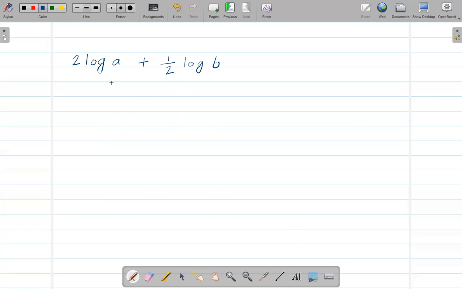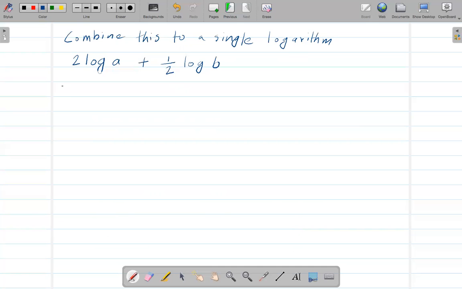There is nothing on the base, so that means the base is 10, but you don't have to write that. What we have to do here is combine this into a single log, or single logarithmic function.